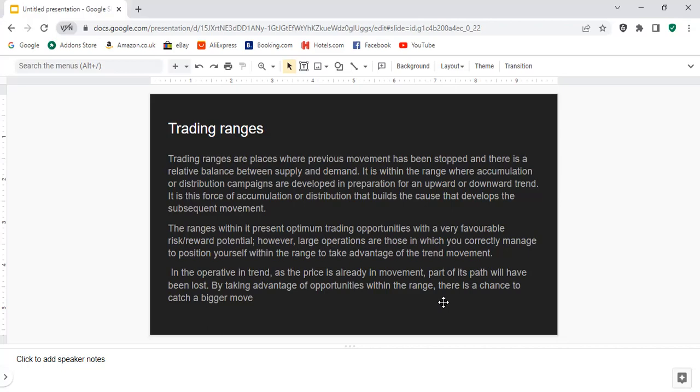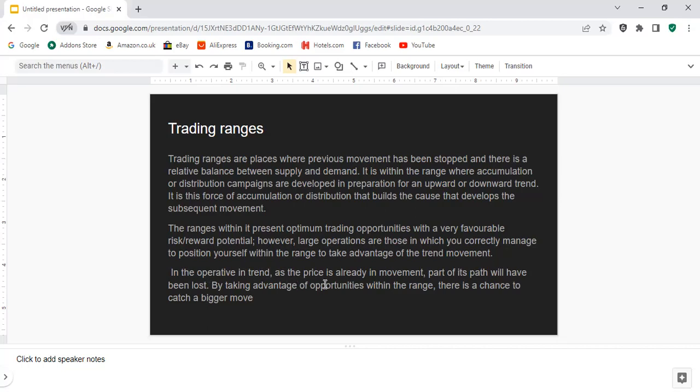However, large operations are those in which you manage your position within the range, to take advantage of the trend movement. In an operation within the trend, as the price is already in movement, part of its path will have been lost, right?